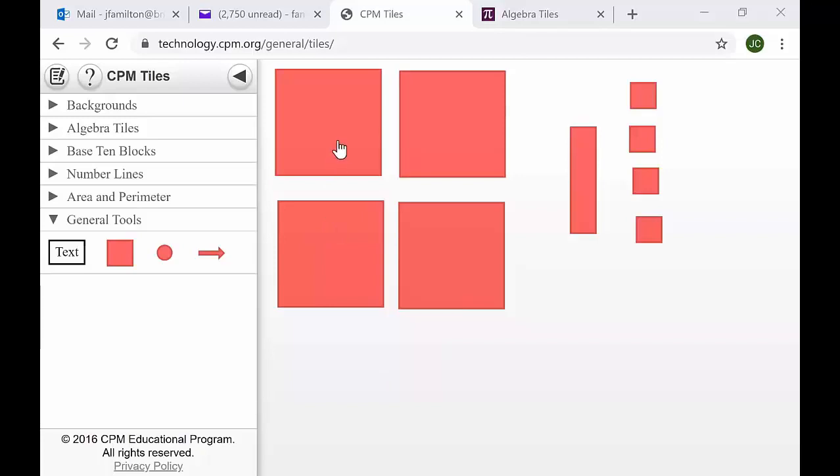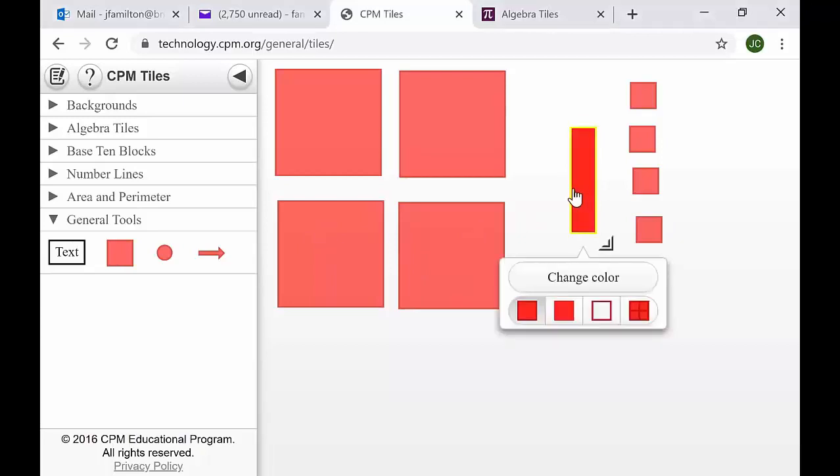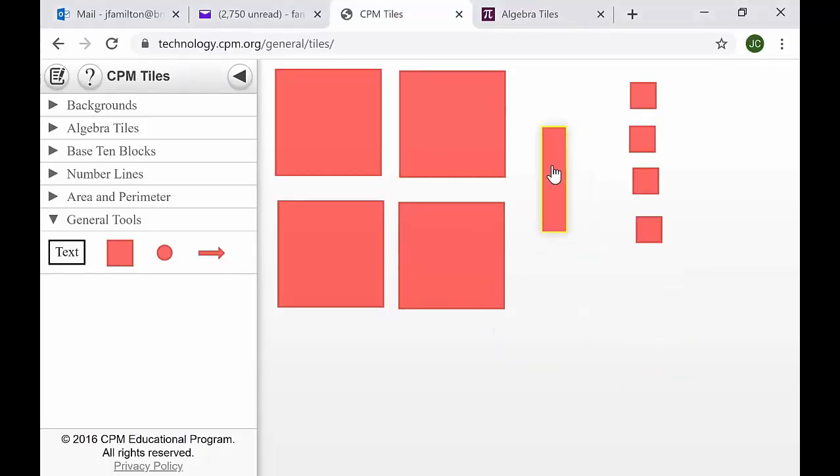So we're going to pretend that this is a base 7 flat, this is a base 7 flat, this is a base 7 flat, and this is a base 7 flat, and there are 4 of them. And then we have 1, which means we have a base 7 rod, and then we have 4 units.